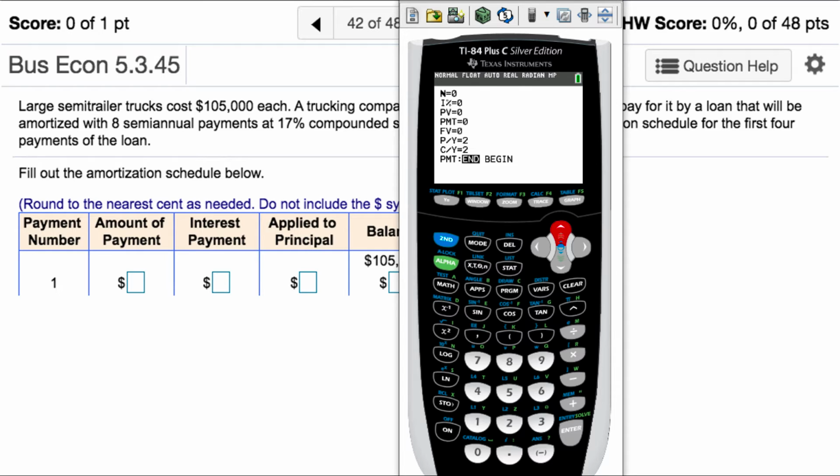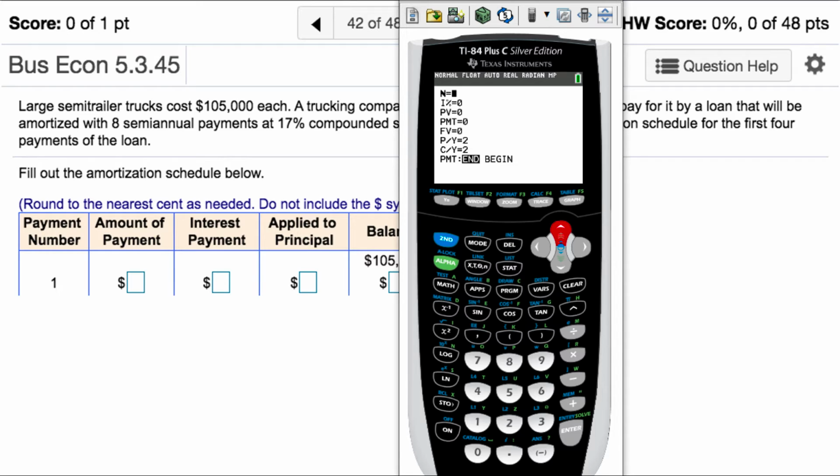It says that the loan is going to be amortized with 8 semi-annual payments. Now, that doesn't say 8 years of semi-annual payments. Those are two very different things. 8 years of semi-annual payments is 16 total payments over 8 years. 8 semi-annual payments is 4 years worth of payments.